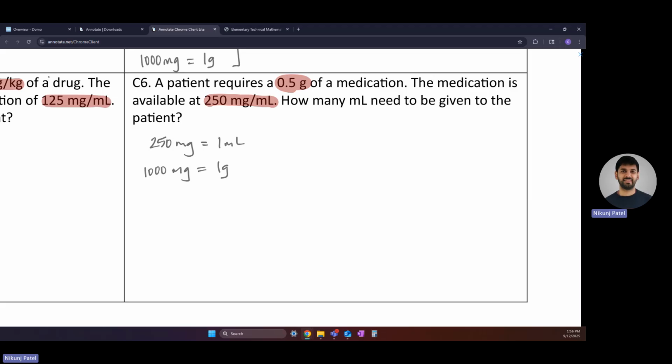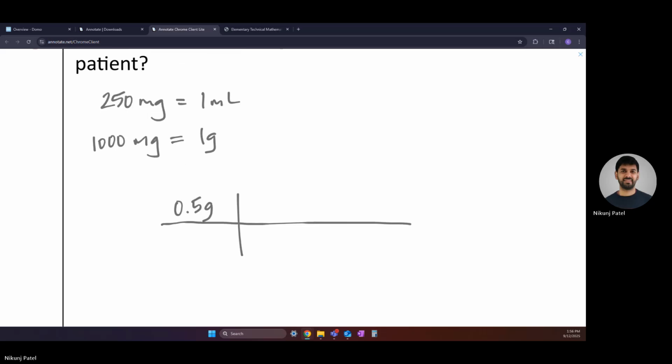So let's see if we can set this one up. This time it's not a patient weight, it's just a flat number of grams that they need, 0.5 grams. And we need to determine how many milliliters this is. Looking at our conversion factors, we need grams in the next column, most likely.